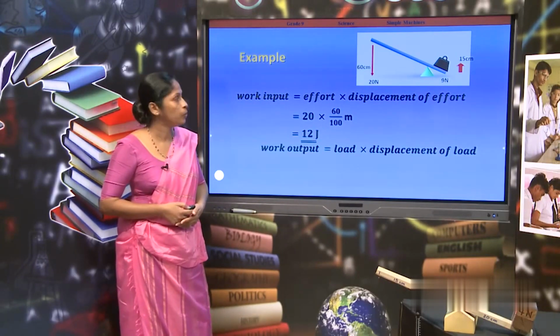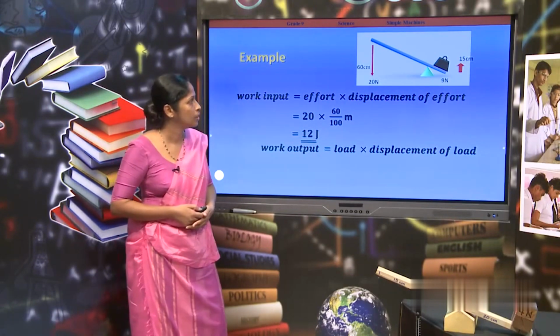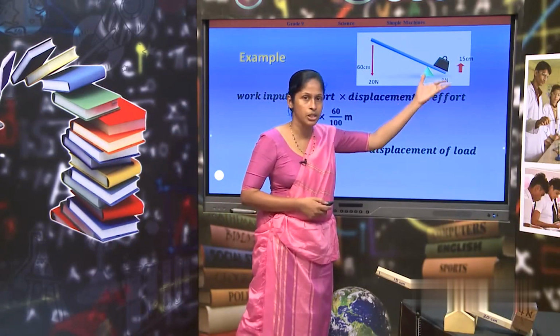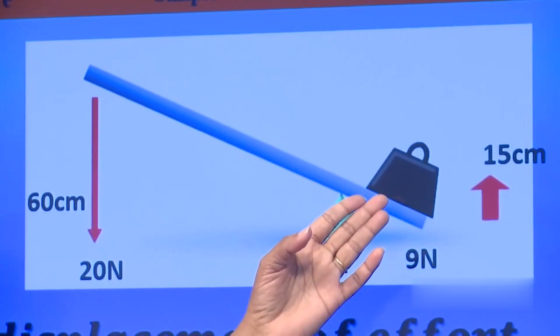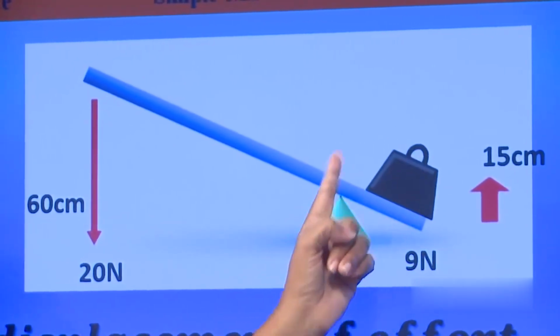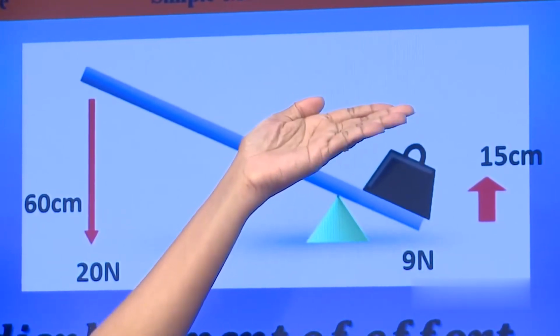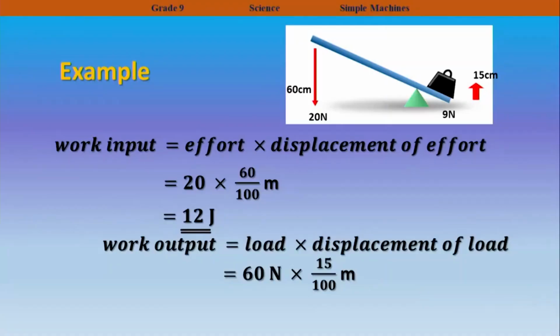Same way we can calculate work output. Work output means work done by the machine. What is the work done by the machine? The load is lifted to a 15 centimeter height. So, the load is 60 Newton.